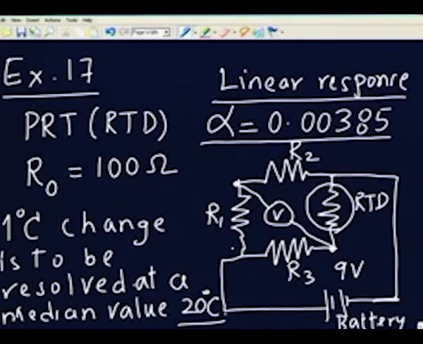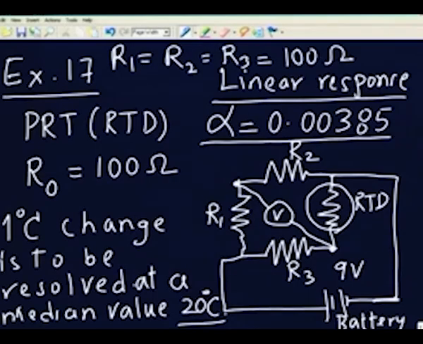If at some particular temperature it has been balanced, suppose I take R1 equal to R2, in this case each one of them is 100 ohms. So, we will say R1 equal to R2 equal to R3 equal to 100 ohms. That means that the bridge will be balanced at 0 degrees Celsius, that is what it means.